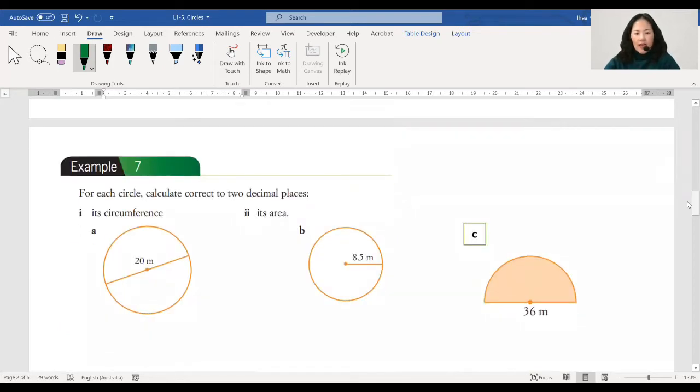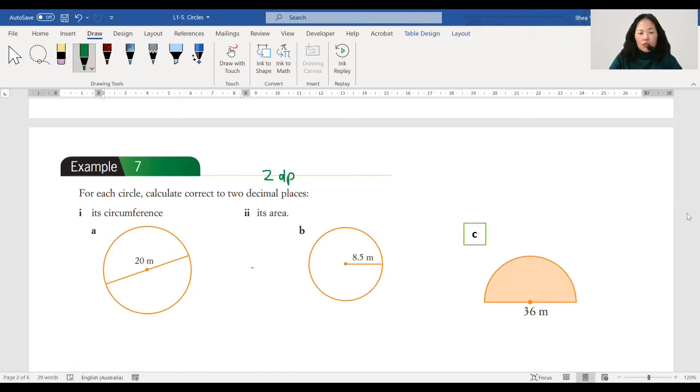This question has three parts, A, B, C. First part in a minute, but before I start, let's have a look at the actual question. For each circle, calculate correct to 2 decimal places. So make sure you answer in 2 decimal places here.